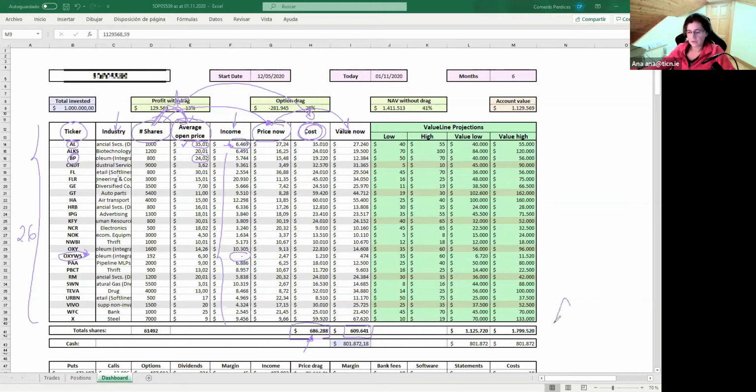Why? Again, shares go up and down all the time. We take a picture here, or here, or here. Obviously, this number is not going to change because we pay what we paid. This one is going to change every second, every single second.